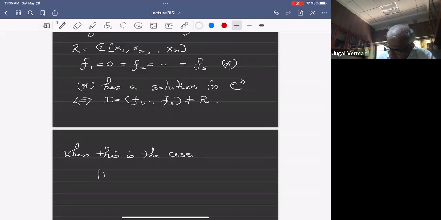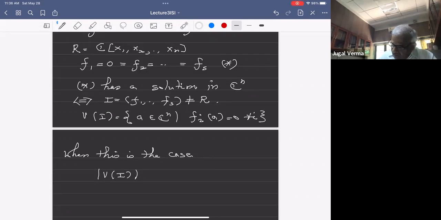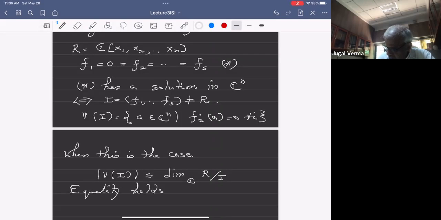And when this is the case, the number of solutions, so remember V of I is the set of all solutions, we have seen it is less than or equal to the vector space dimension of R mod I. And equality holds if and only if I is a radical ideal.